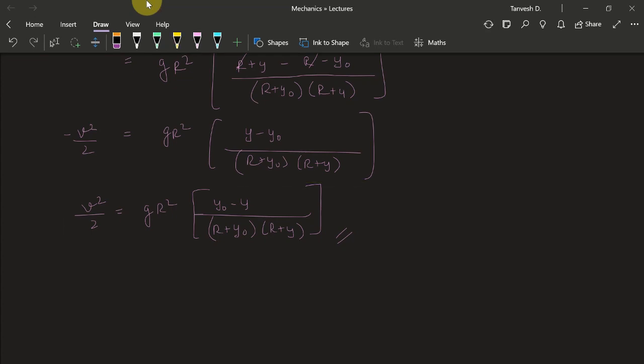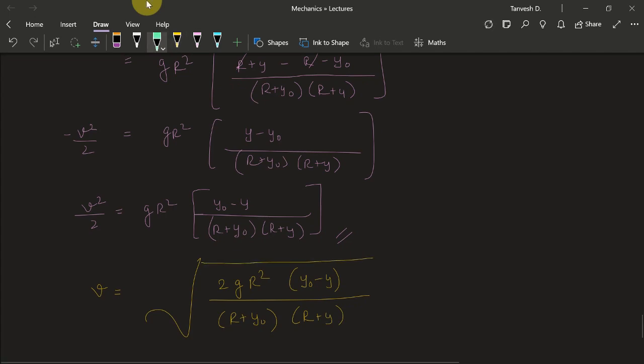Basically we want the velocity, right? So velocity would be equal to the square root of 2gr square into y0 minus y upon r plus y0 into r plus y.